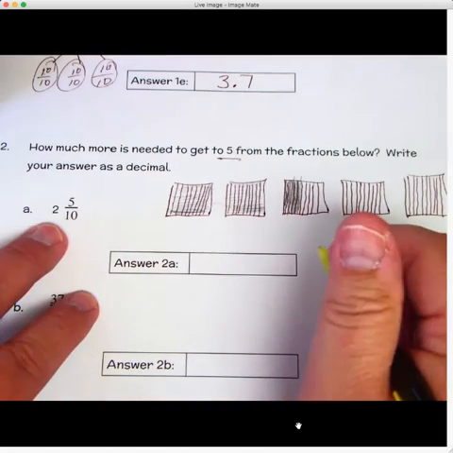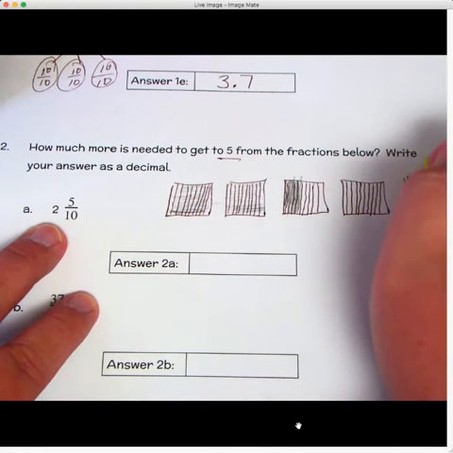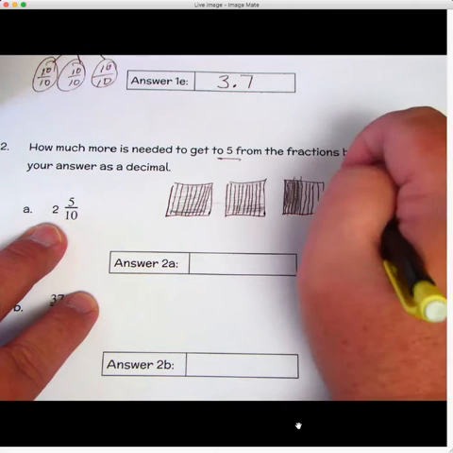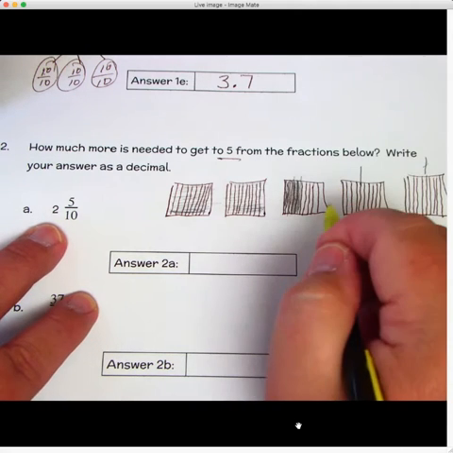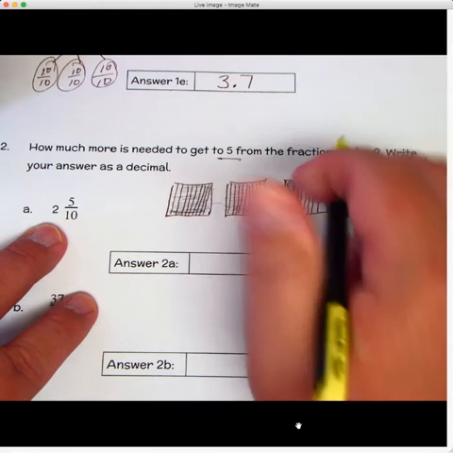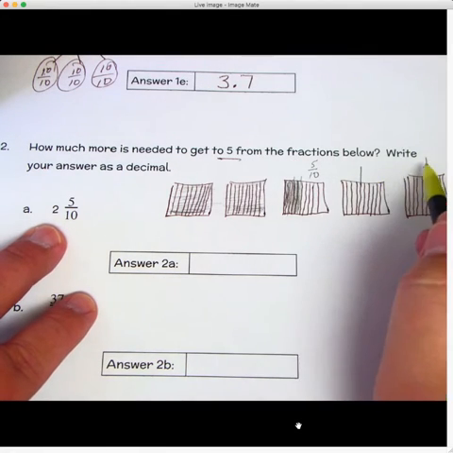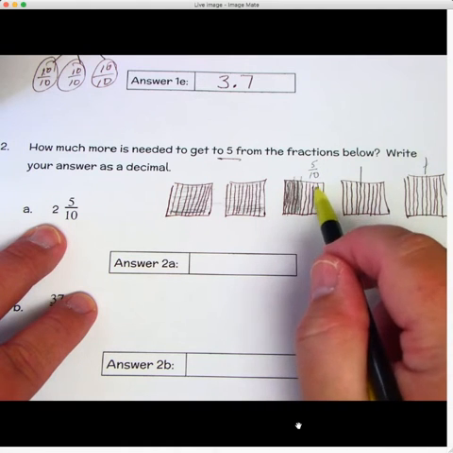So if I have 2 and 5 tenths, how much more do I need to fill in all 5? Well, here's 1 whole. Here's 1 whole. And how many tenths is this? 1, 2, 3, 4. I have 5 tenths more. So altogether, I have 1 whole, 2 wholes, and 5 tenths more.